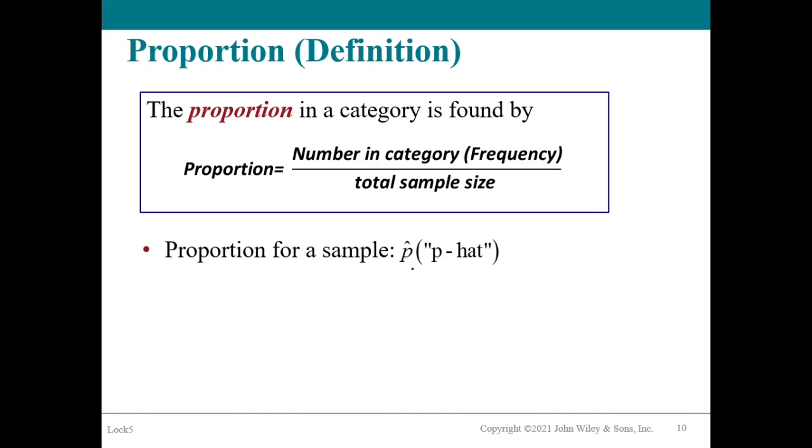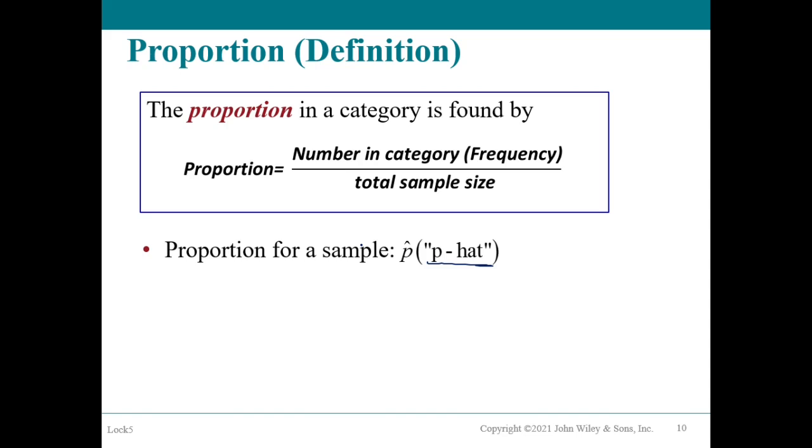If you are dealing with a sample, this proportion we call p hat. In this course, we are using some standard notations, so you have to use those notations. If you use p hat, you don't have to mention proportion for the sample.